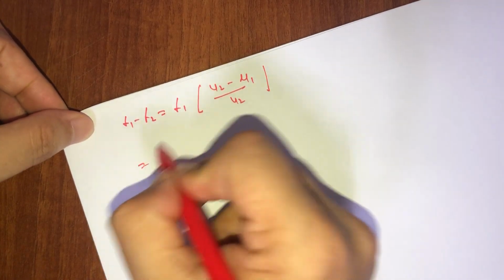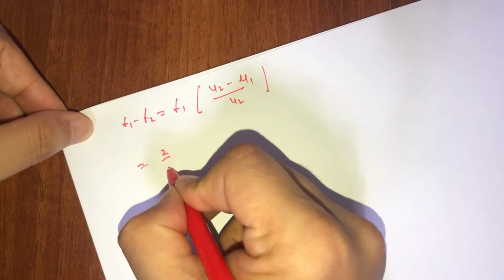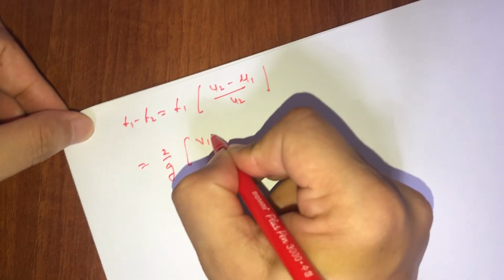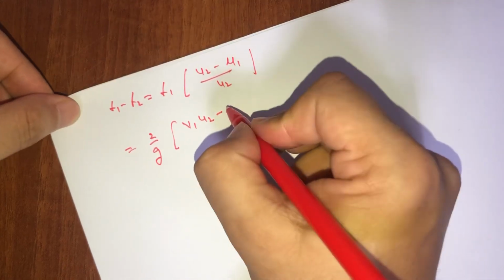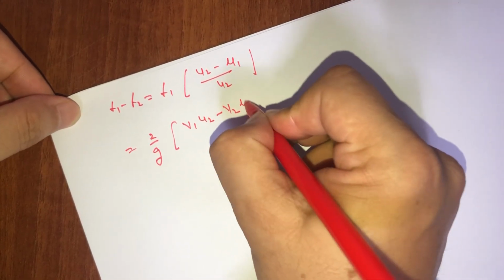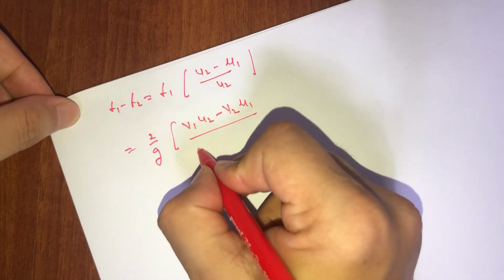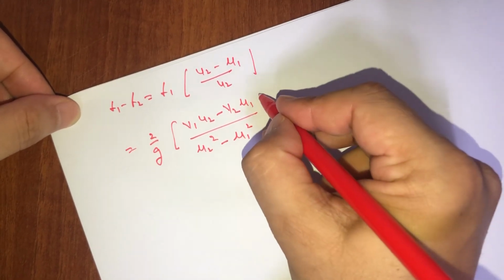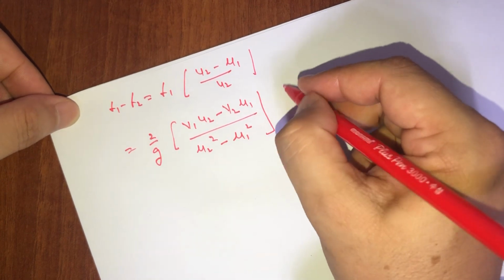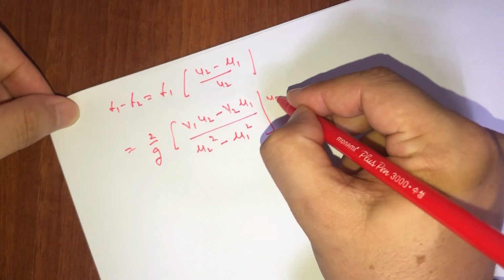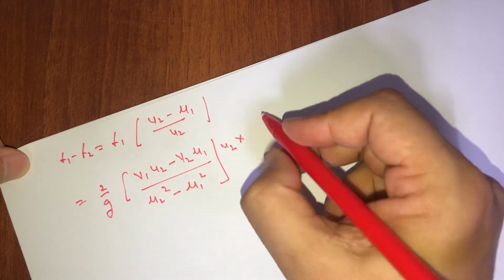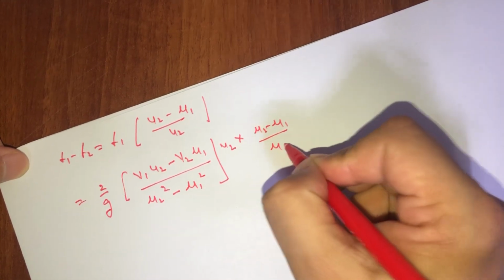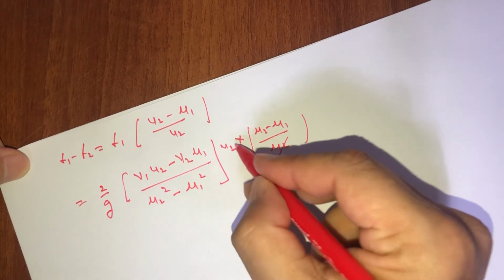Now substitute the value of t1, we get 2 by g times v1 u2 minus v2 u1 divided by u2 square minus u1 square, and here we have times u2, multiplied by u2 minus u1 divided by u2. U2 cancels out with u2.